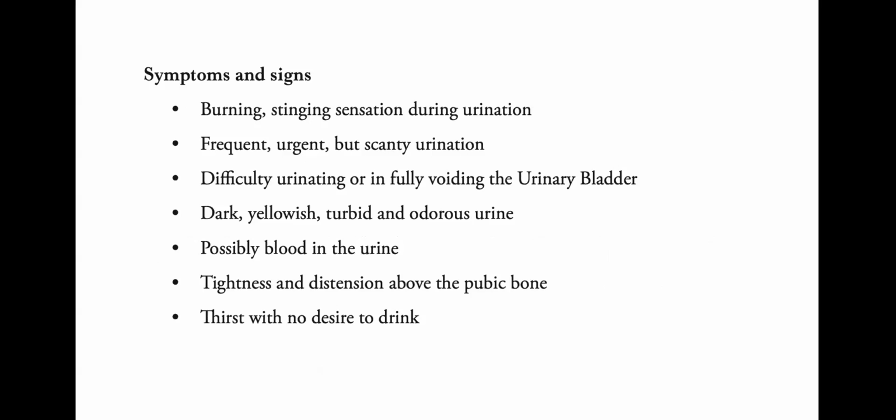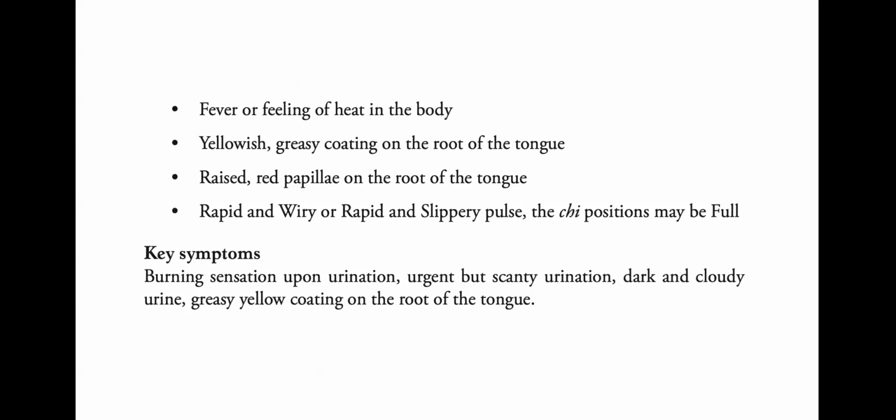The symptoms and signs are as follows: burning, stinging sensation during urination, frequent, urgent, but scanty urination, difficulty urinating or in fully voiding the urinary bladder, dark, yellowish, turbid, and odorous urine, possibly blood in the urine, tightness and distension above the pubic bone, thirst with no desire to drink, a fever or feeling of heat in the body, yellowish, greasy coating on the root of the tongue, raised red papillae on the root of the tongue, rapid and wiry or rapid and slippery pulse, and the chair position may be full.